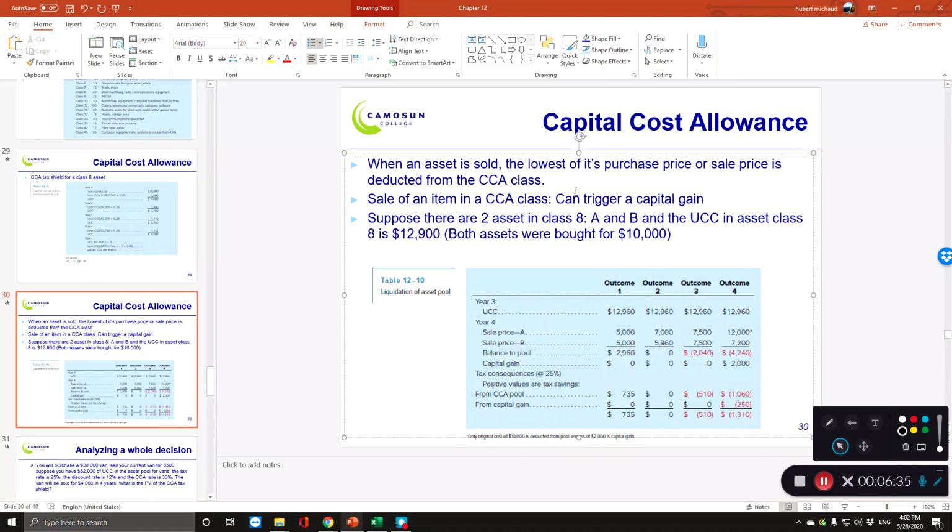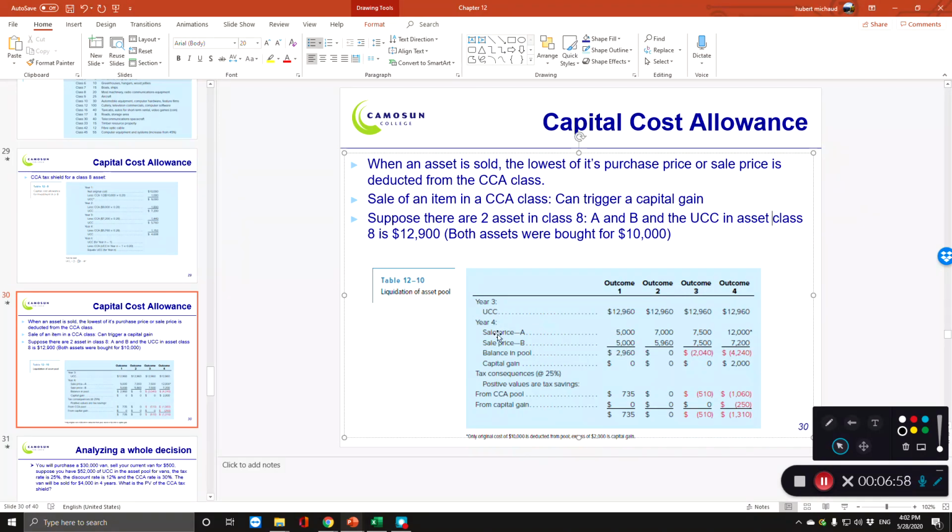Okay, there's multiple scenarios that can happen given the sale of asset A and asset B. The first one is outcome 1. It would be valid as long as the value of the sale, so sale price for A, sale price for B, the value of both sales is lower than the undepreciated capital cost.